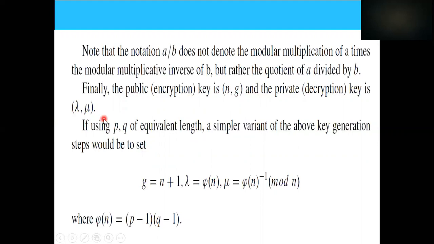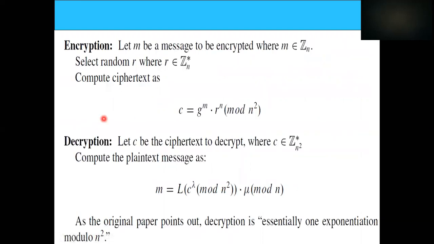In the encryption algorithm, the input consists of a plain text message M and a random number R that belongs to Zn star. The set of plain text is Zn, and the set of cipher text is Zn squared.